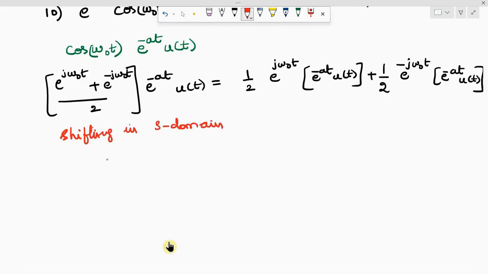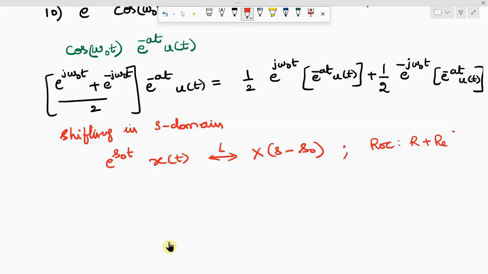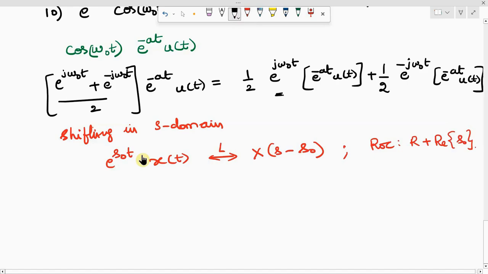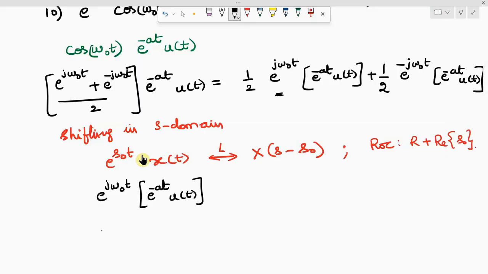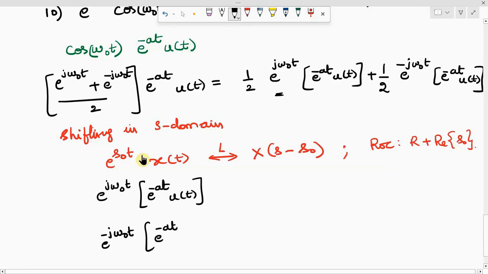Writing the property, e power of s naught t into x of t has Laplace transform x of s minus s naught with ROC R plus the real part of s naught. Now see the first term, e power of j omega naught t into e power of minus at u of t. The second term, e power of minus j omega naught t into e power of minus at u of t.